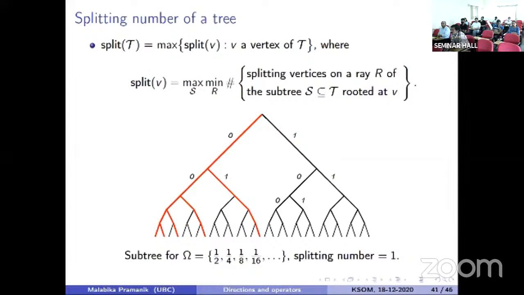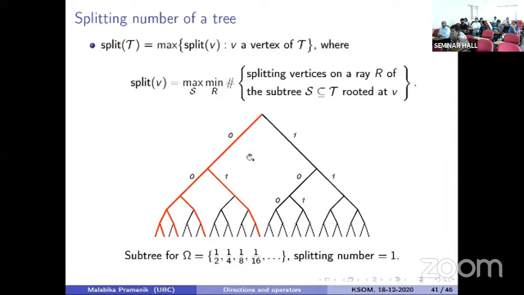A vertex in a subtree is either splitting or non-splitting. A vertex of script T is splitting if both its children belong to the subtree T, otherwise it is non-splitting. So for example, in this red subtree, this one is a non-splitting vertex, but this one is splitting.